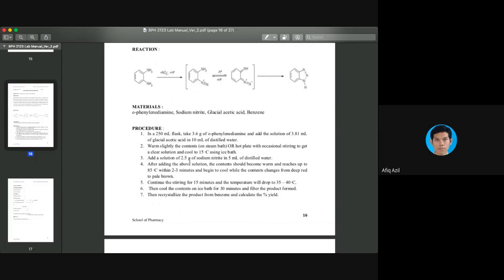So you are going to add 2.5 gram of the sodium nitrite in 5 ml distilled water. After adding the above solution, the content should become warm and the temperature will reach up to 85 degrees Celsius, so you have to check using a thermometer.